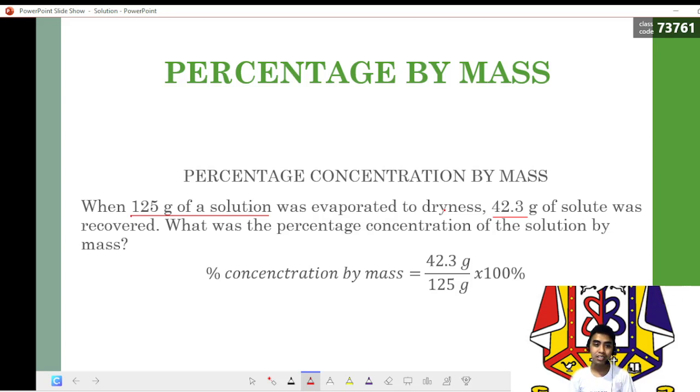Use your scientific calculator or any type of calculator. 42.3 grams divided by 125 grams times 100, what will be the product? You will get 33.8%, or 33.84%, the percentage by mass of the given solution or sample.